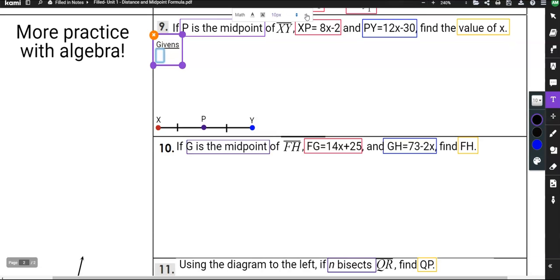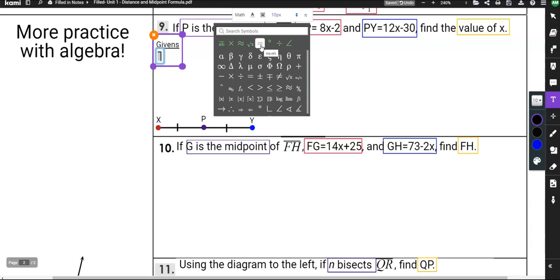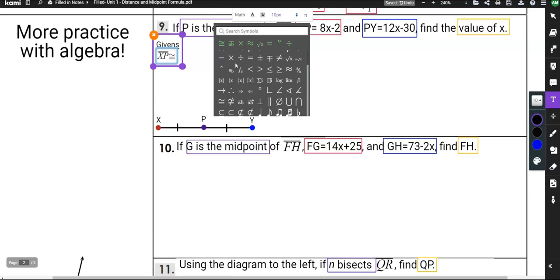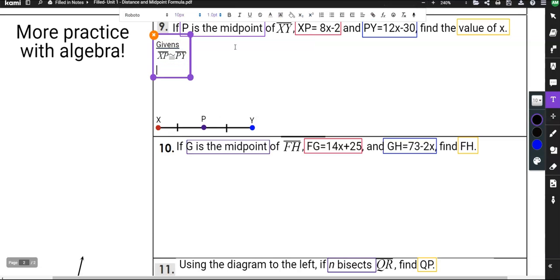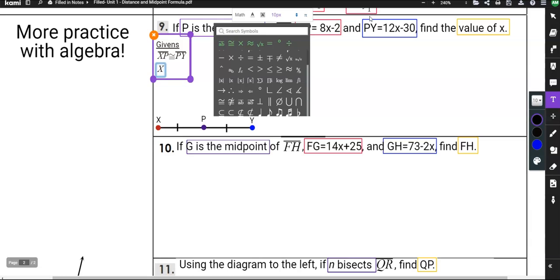So we're going to add that into our list of givens because that is the definition of midpoint. So segment XP is congruent to segment PY, which means that the length of XP is equal to the length of PY.